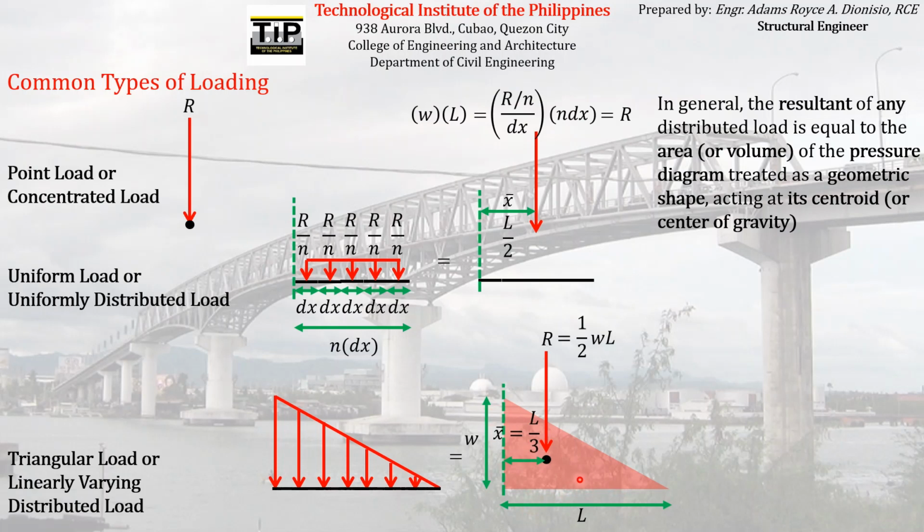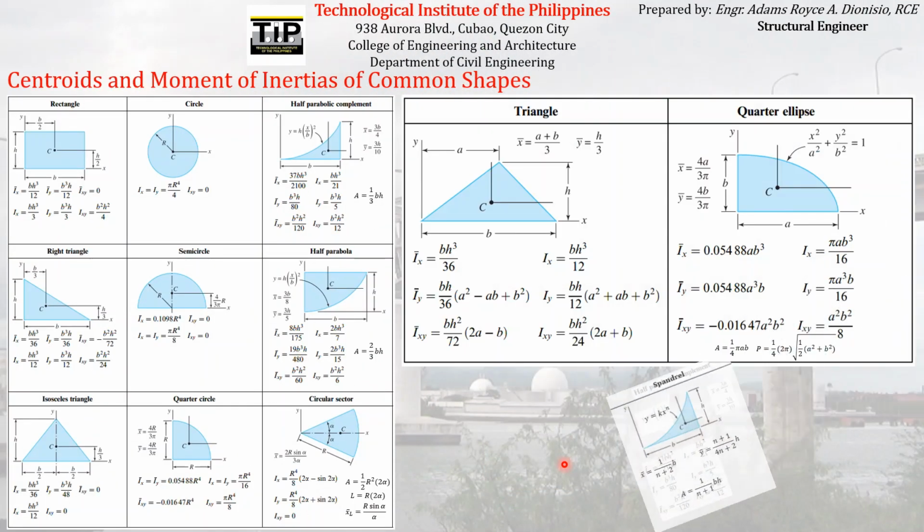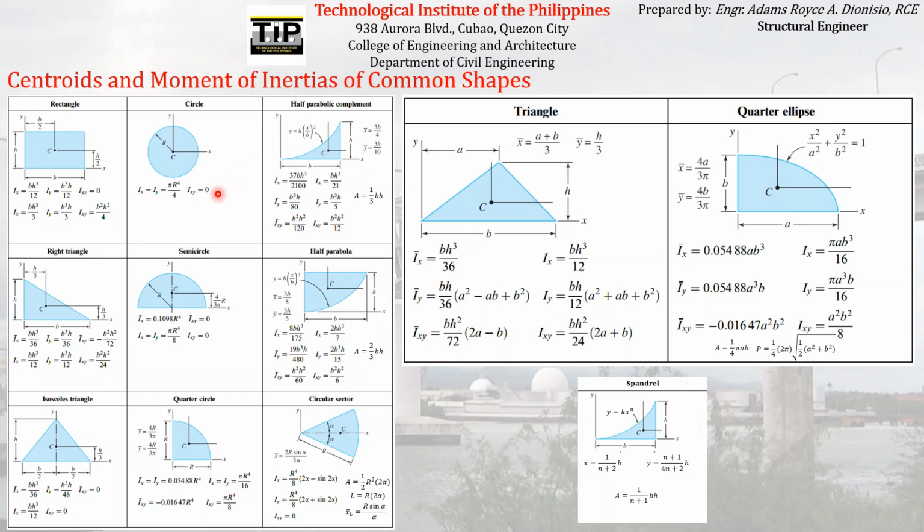So just to help you para ma-familiarize kayo din sa mga area and location ng centroid ng different shapes, naglagay na lang din ako dito ng summary ng area ng mga common shapes as well as yung location ng centroids nila. Actually, itong table na to, kompleto na to.